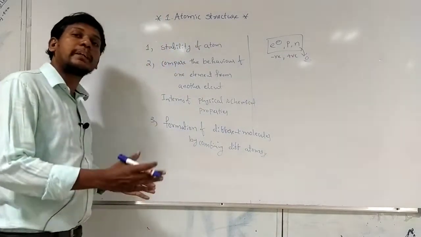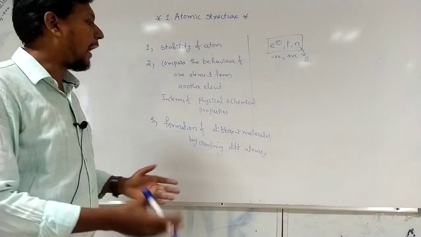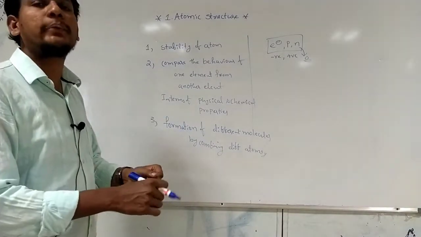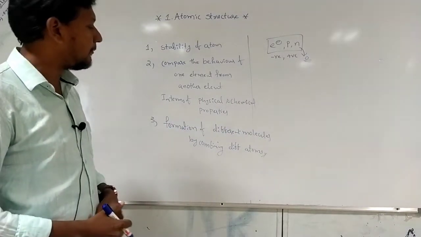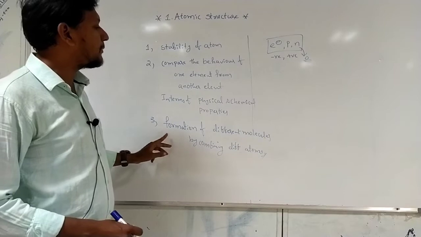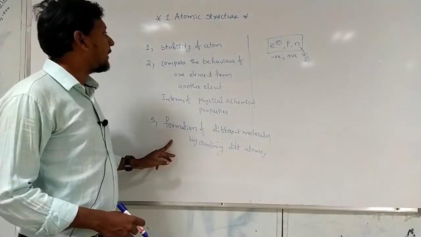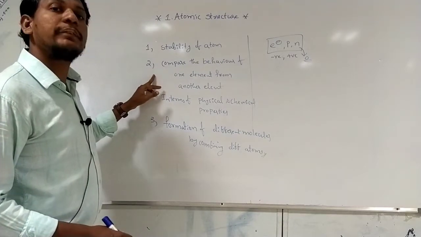Why are different atoms combined to give different molecules? That is the major issue, and they did not know it at that time. The third point can be explained later in chemical bonding, and the second point can be explained in the classification of elements.